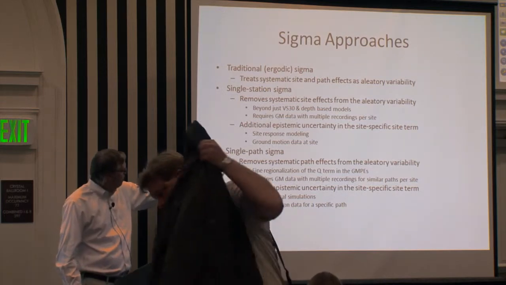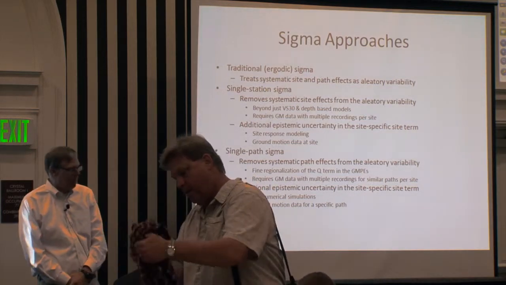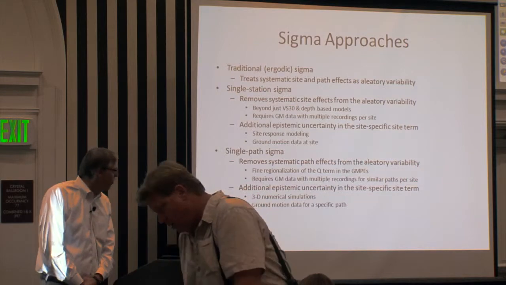The other approach, going further, we call single path sigma. And so now we're going to not only remove the systematic site effects, but the systematic wave propagation effects. So I can see earthquakes in one region coming to my specific site, sample the same parts of the crust over and over, and there is an average difference in that 3D wave propagation compared to our model based simply on distance.